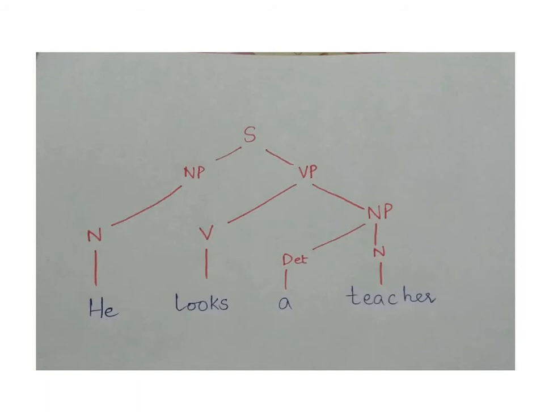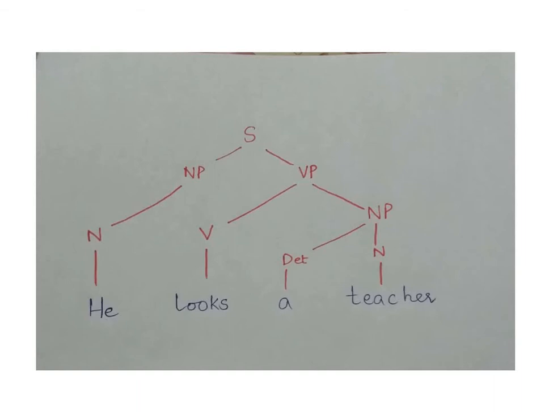Then in the sentence you have a noun phrase and a verb phrase. Find the verb in the sentence and divide the noun phrase and verb phrase. Then divide the constituents of the noun phrase and the constituents of the verb phrase. The noun phrase here contains only a noun, but the verb phrase contains a verb.